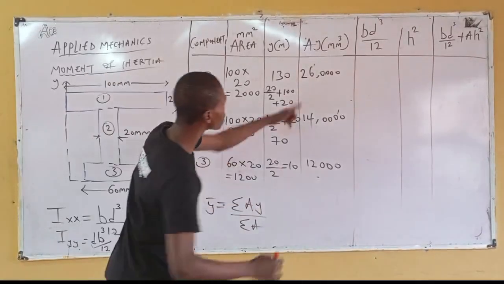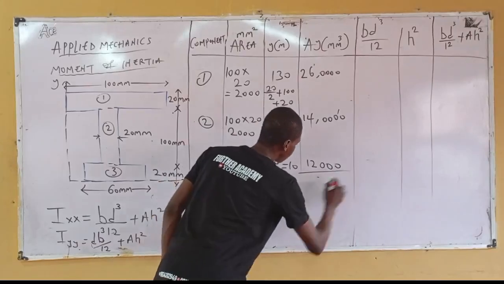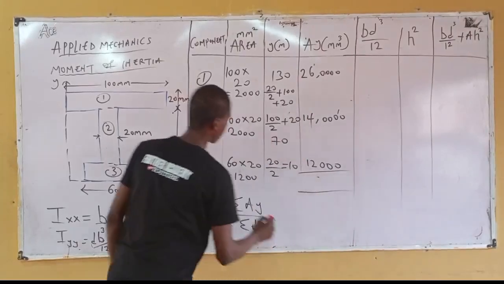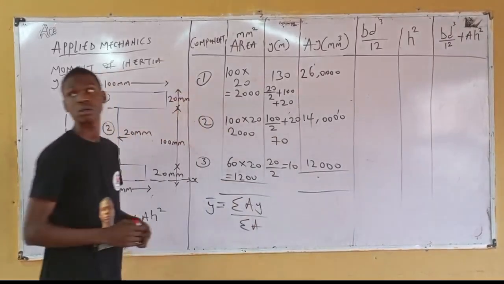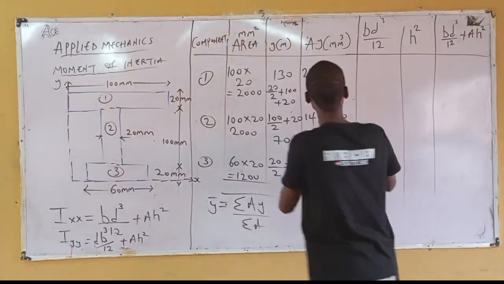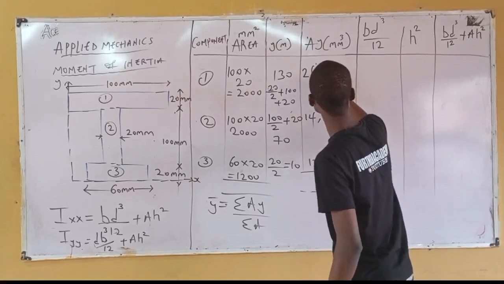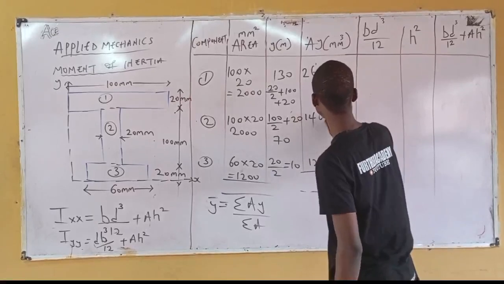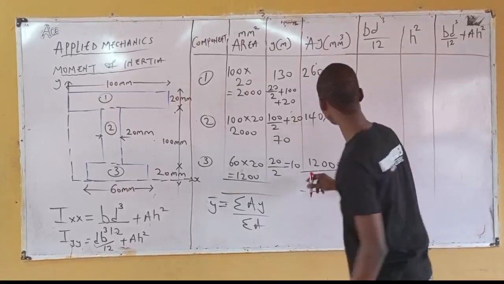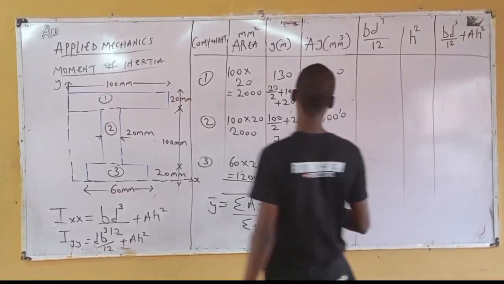Now, let's get the summation of ay. What do you have? And let's get the summation of area here. What's our answer? 260,000 plus 140,000 plus 12,000. What's our answer?